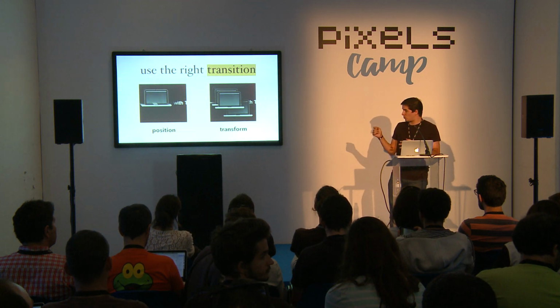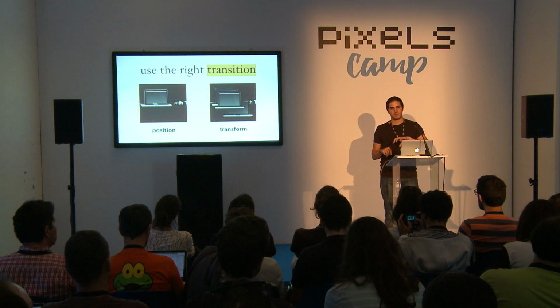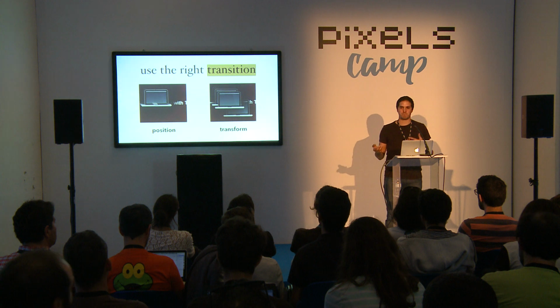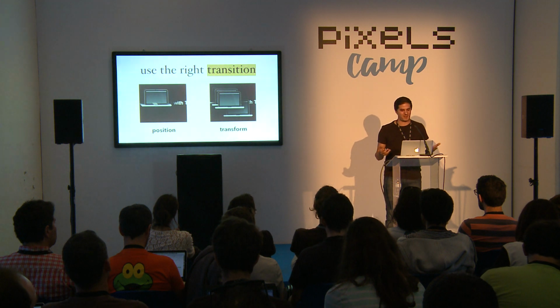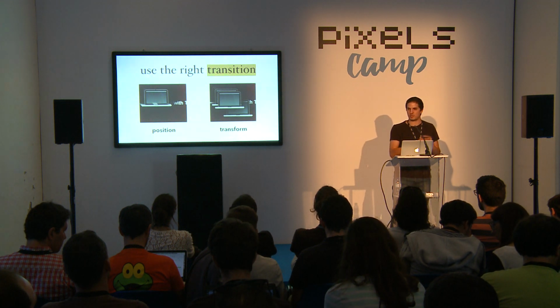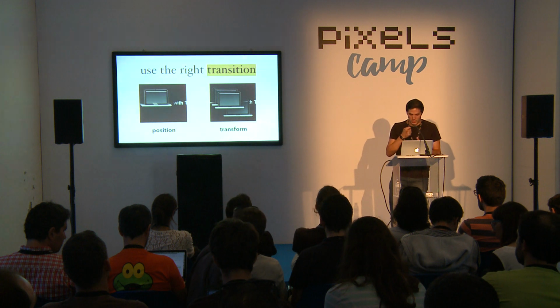Now, what we usually do when we transition an element from right to left, let's go with basic stuff, most of us, some of us, I don't know, we animate the position. Go from right to left, 300 pixels, something like that. Usually used on menus. And we use the position.